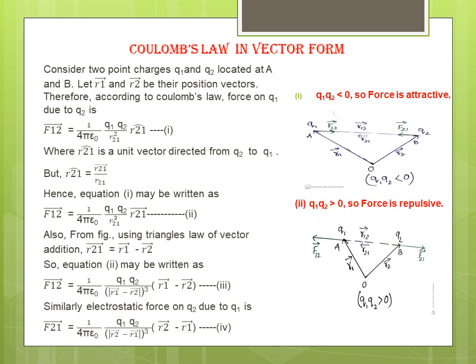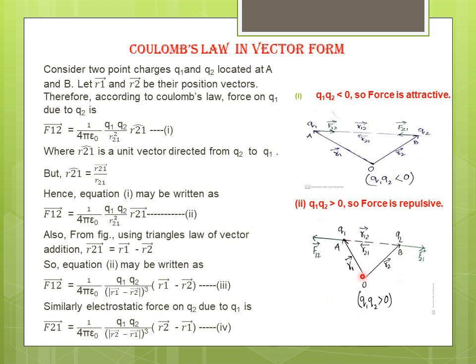So Coulomb's law: the force on Q1 due to Q2 is force F12. See the direction of F12, for it is the force on 1 due to 2. Here, if Q1 Q2 is less than 0, then its direction will be this one.